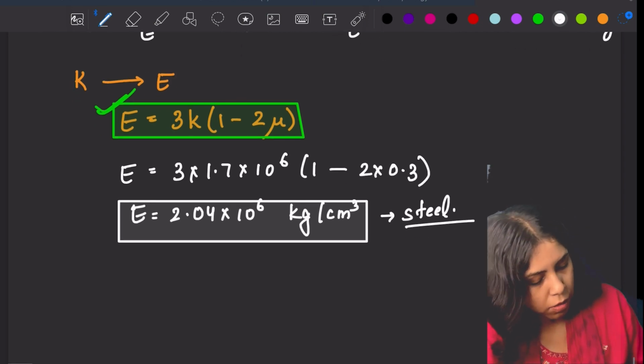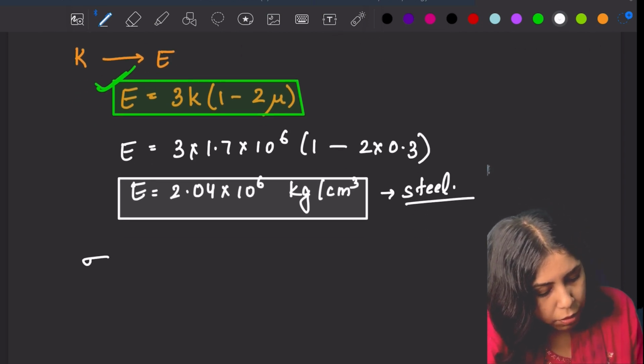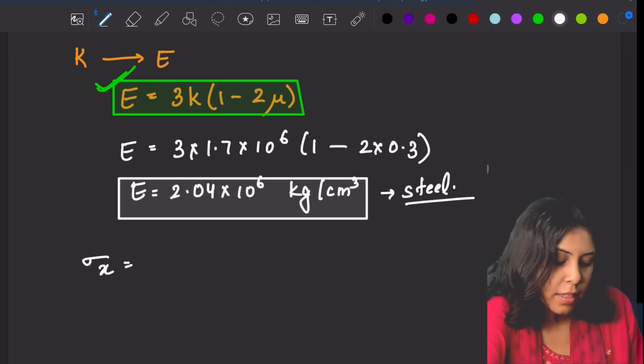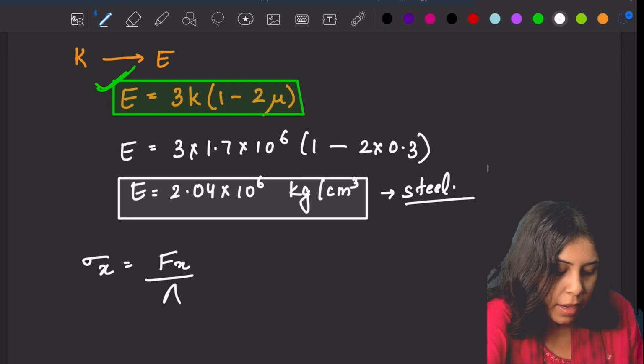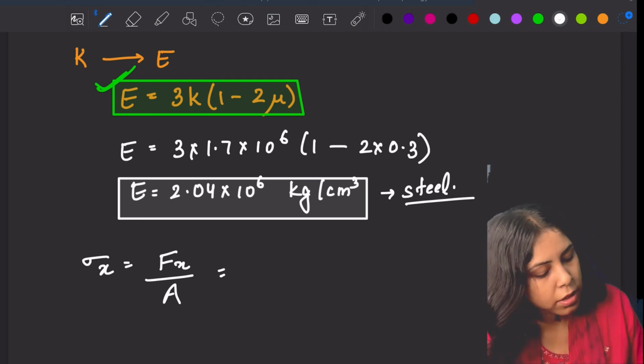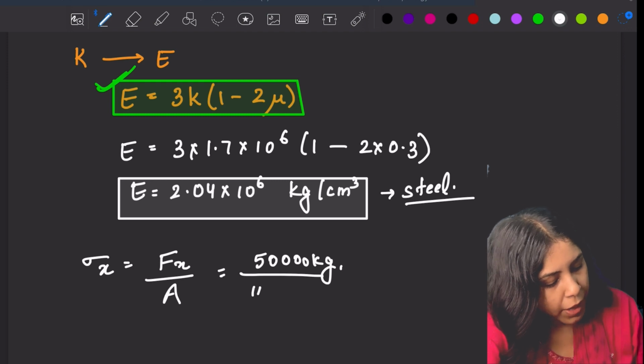Now the modulus of elasticity we got, and what is sigma x? Sigma x is nothing but force in x direction divided by cross-sectional area. Force is 50,000 kg and area is pi by 4 into 80.